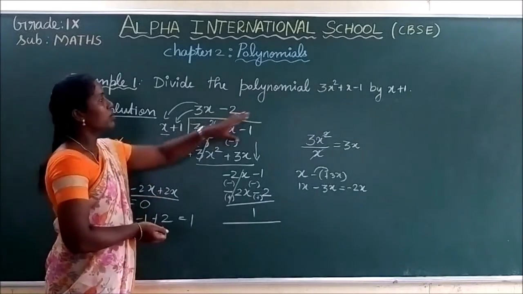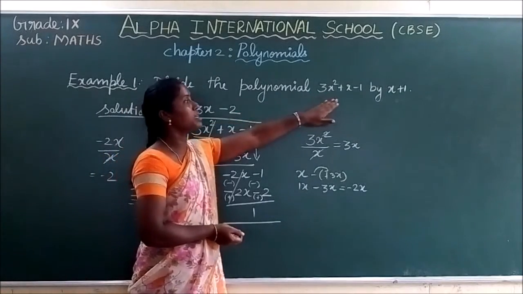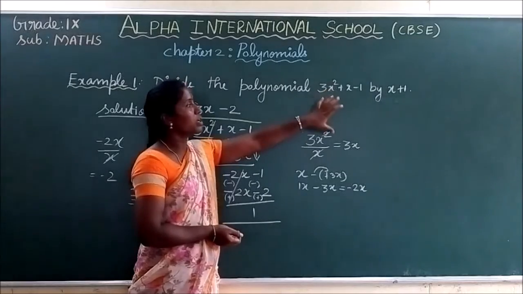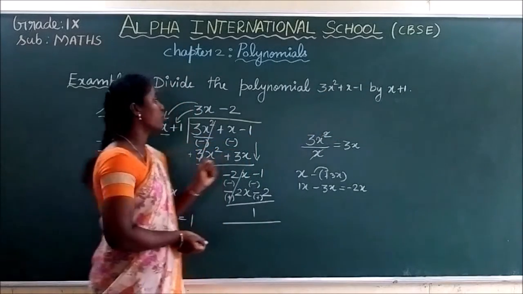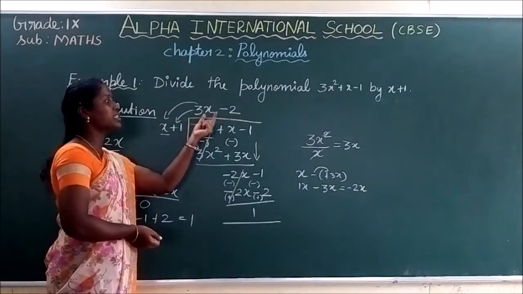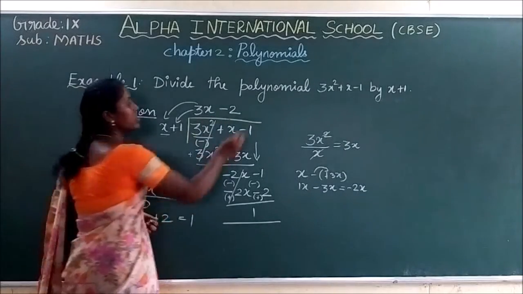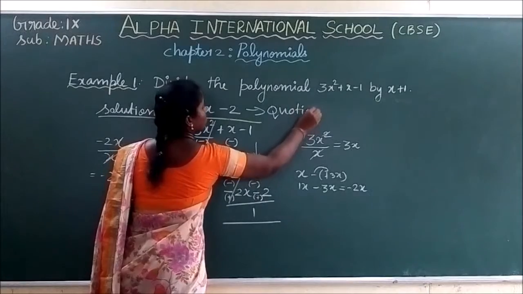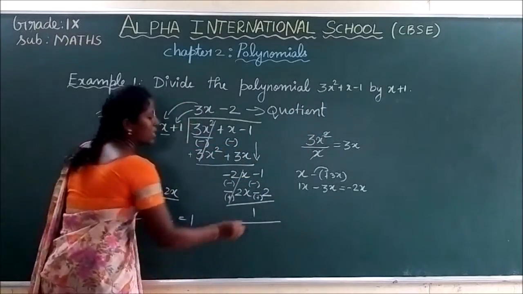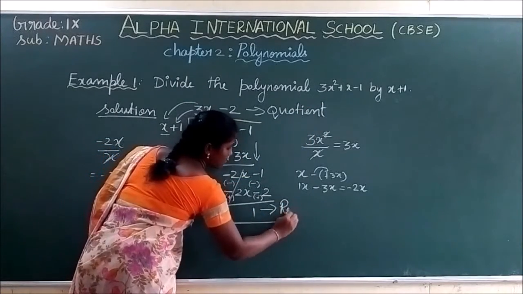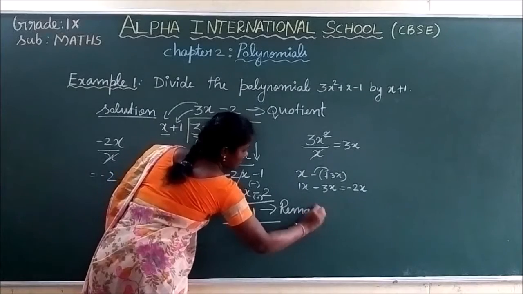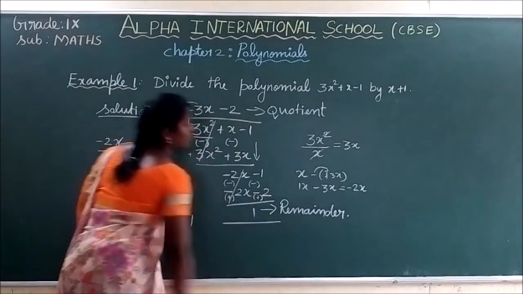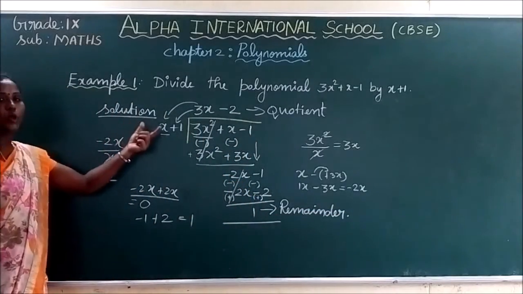Okay, so in the given question, 3x square plus x minus 1, we are dividing it by x plus 1. We got the quotient as 3x minus 2. What is the quotient? 3x minus 2. And what is the remainder? Yes, so we got the quotient and remainder.